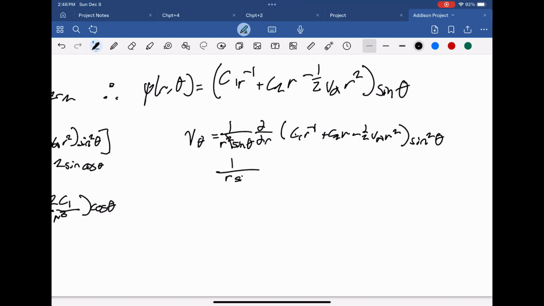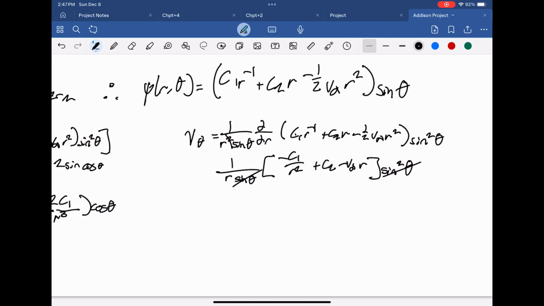We're now going to use these two equations to find the C1 and C2 values, just simplifying the V theta equation. The sine squared is going to cancel out that sine.